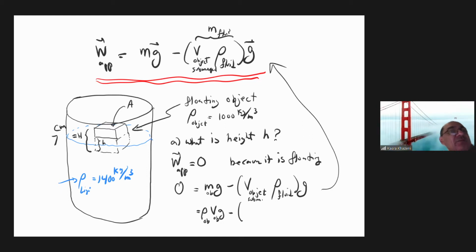Now the volume of this object that is submerged, only the portion that's submerged, is equal to A times little h, and then rho of the fluid.